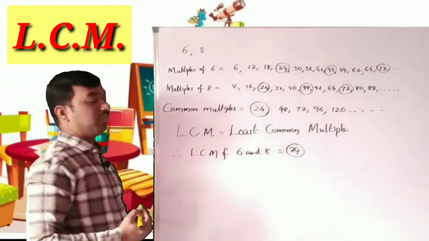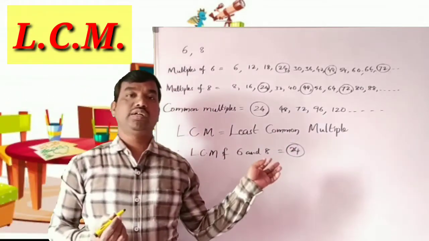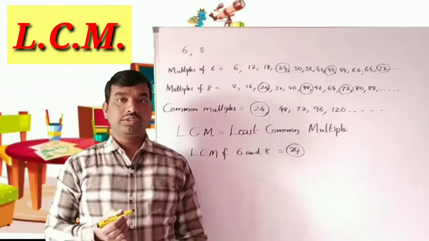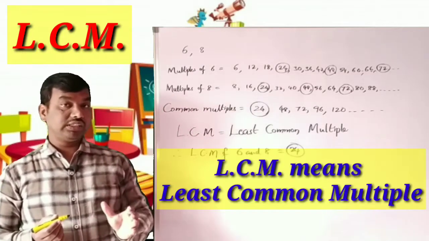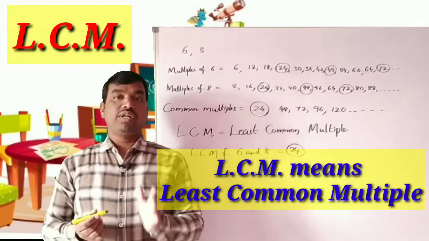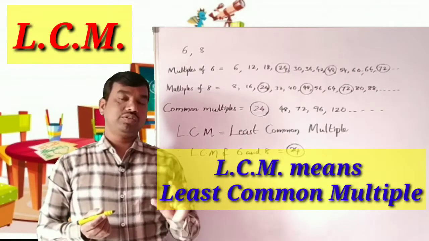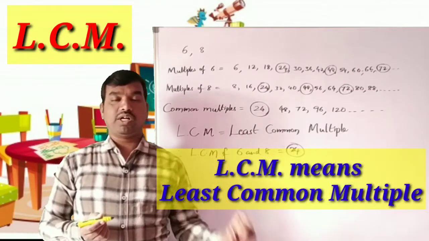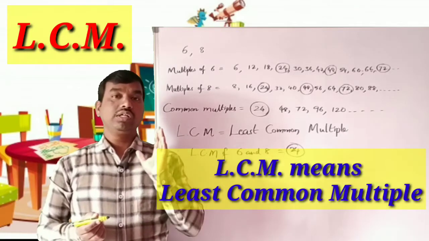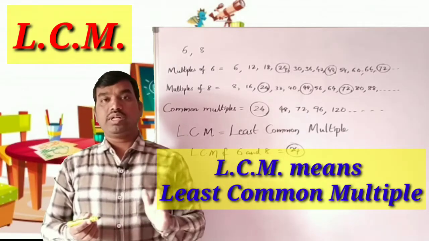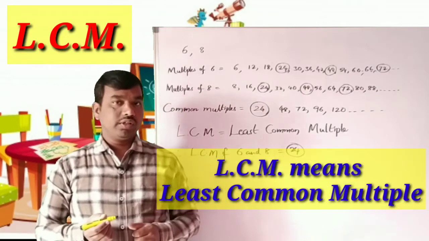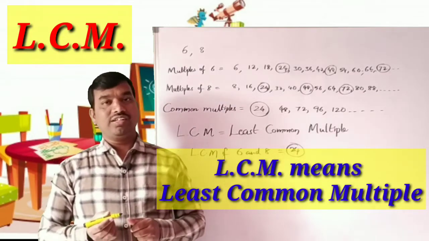This is a common multiple and this is the least number in common multiples. So what is the meaning of LCM? Least common multiple. That means in common multiples we should take the least, smallest number, that is called least common multiple, LCM. Do you understand?